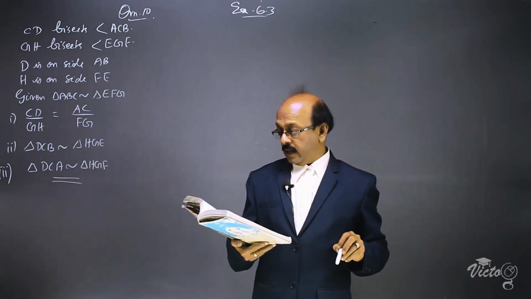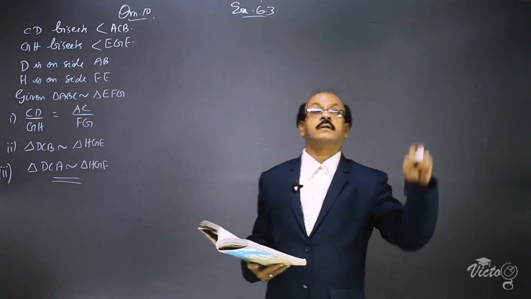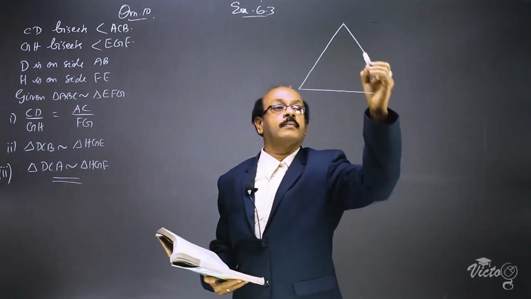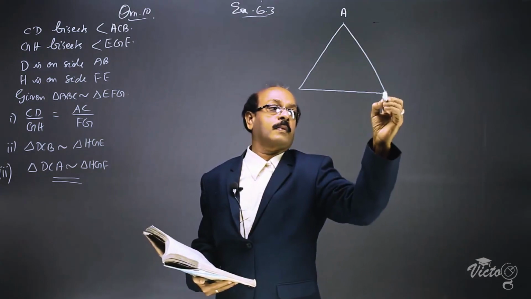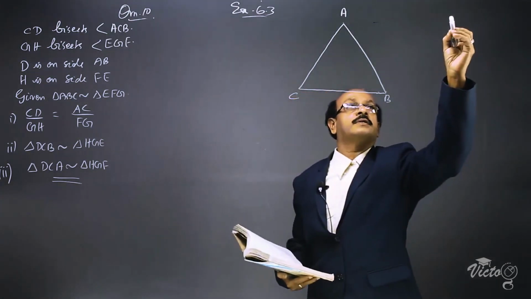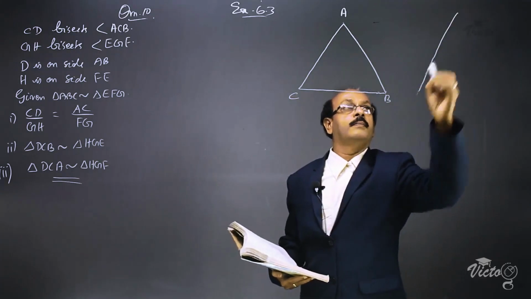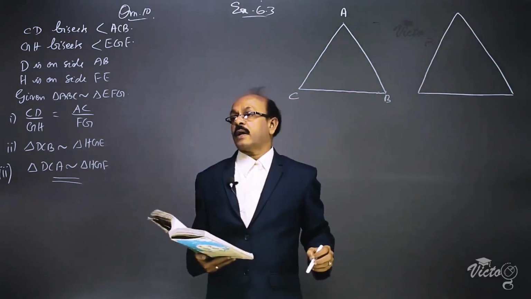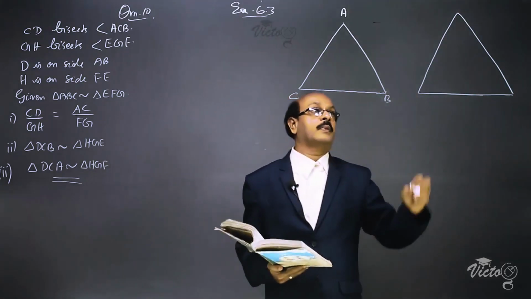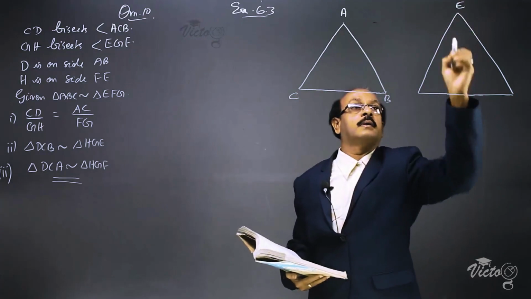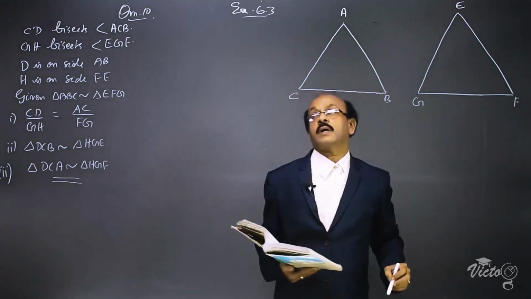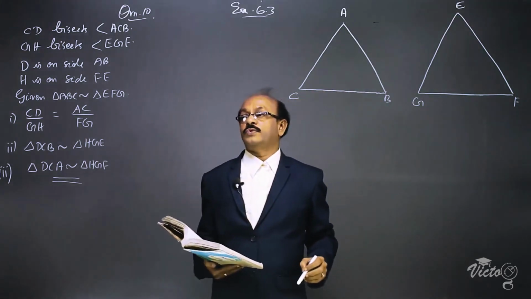This is triangle ABC and another triangle, the next triangle is EFG.